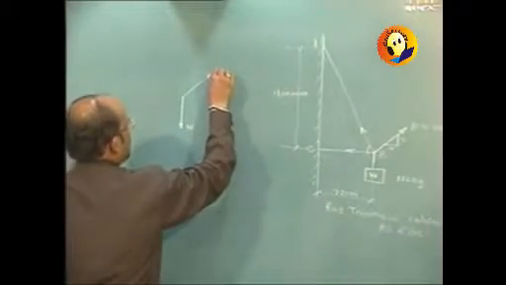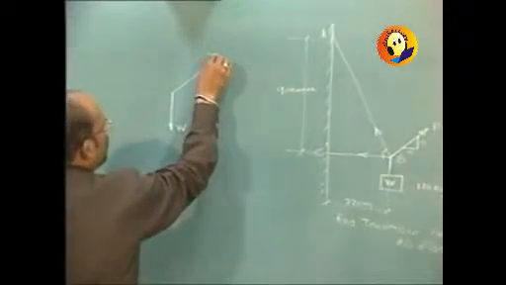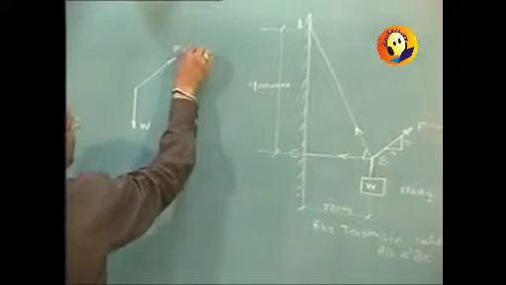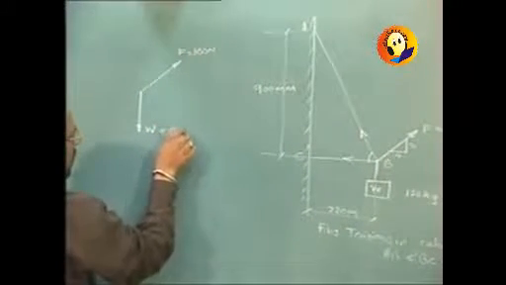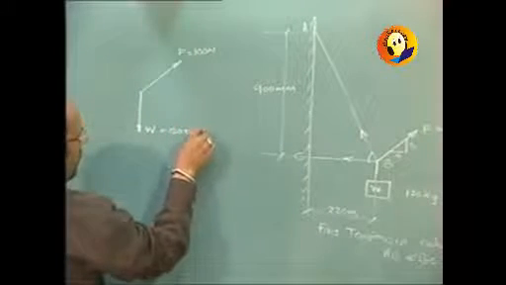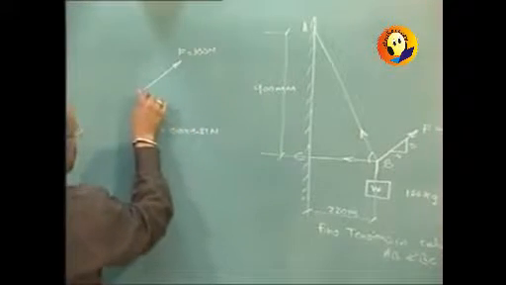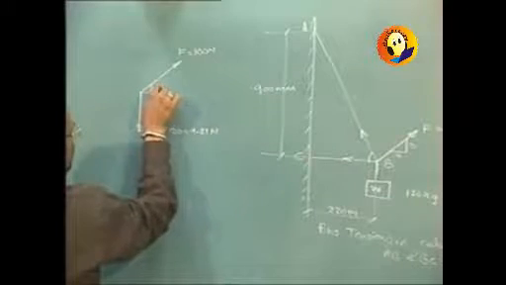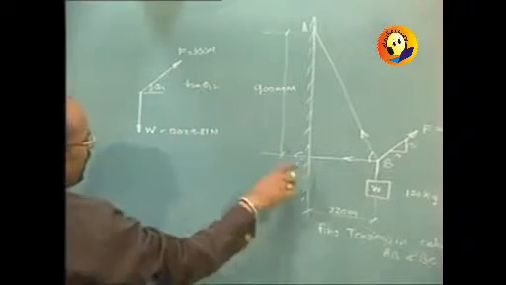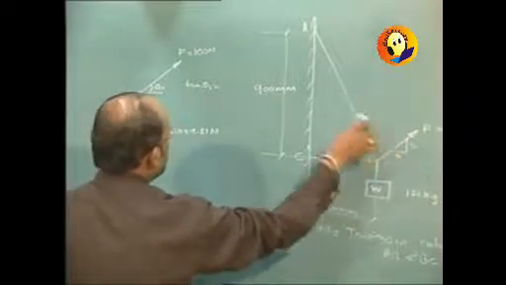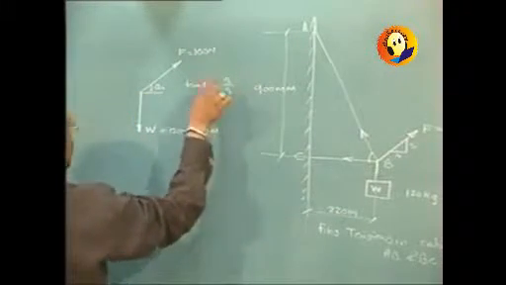It is force F given to us as 100 newtons. Weight, it is 120 into 9.81 newtons. This is angle theta 1, which is nothing but tan theta 1. As you look at the diagram, this is theta 1, will be 3/4.